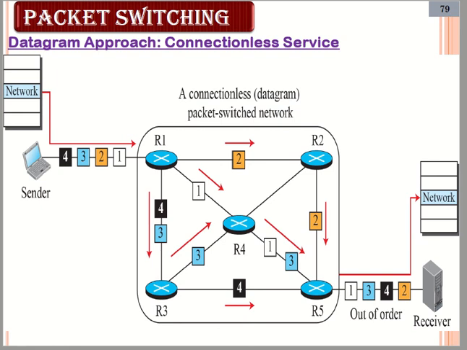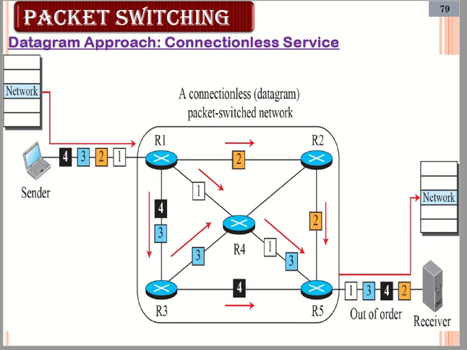With this, we'll move on to the second approach, which is called the virtual circuit approach. A virtual circuit approach is nothing but a connection-oriented service, wherein the packets take the same path on which the first frame traveled.